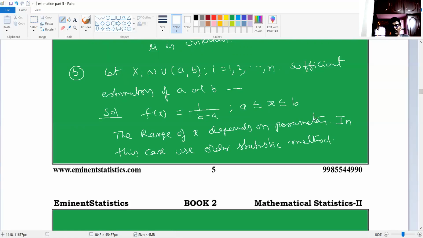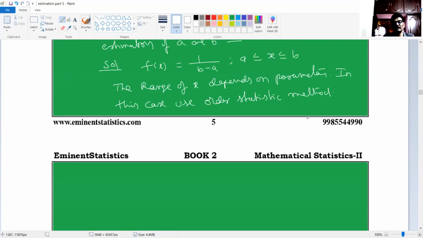Already this method was applied to identify the MLEs. This is the shortcut technique. No need to use the factorization theorem or Fisher-Neyman criteria. For descriptive problems, either factorization or Fisher-Neyman criteria can solve this problem, but from the entrance point of view, directly apply the order statistics technique.